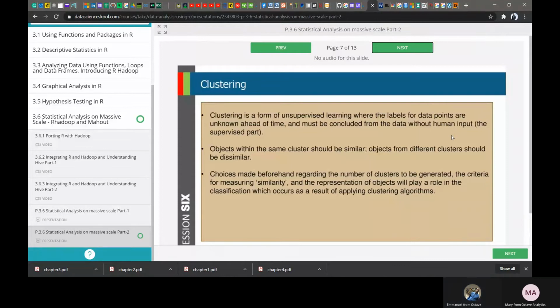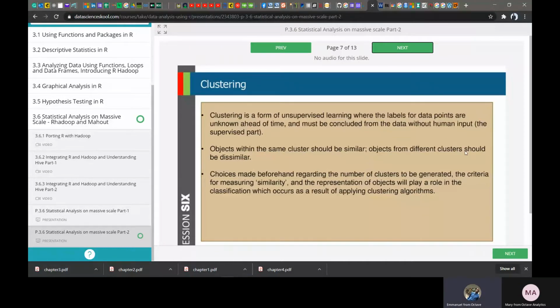Where you supervise is telling it the specific number of clusters you want. So if I say I want 3 clusters, it's just going to separate those data points into 3 separate clusters, whereby elements in the same cluster are similar and elements in different clusters are dissimilar.